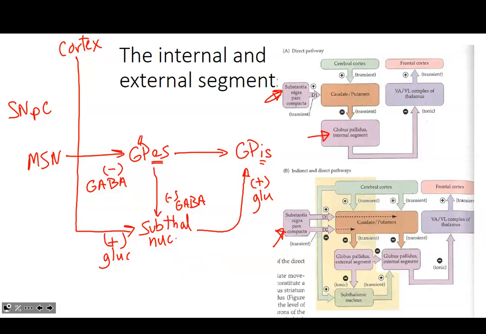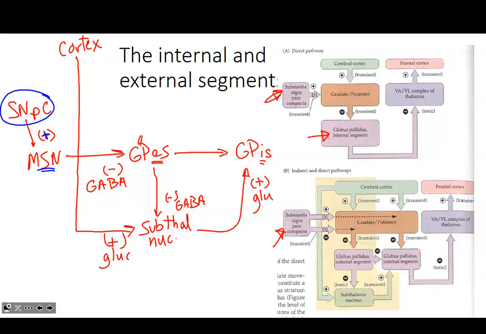When the system is activated, we have to imagine that both the substantia nigra pars compacta, which will release dopamine in an excitatory way, and the cortex, which will release glutamate in an excitatory manner, are both going to be triggered. When the pars compacta is stimulated, so maybe we'll draw in blue so we can follow what's going on, that excitatory output increases the inhibitory output of the medium spiny neurons.